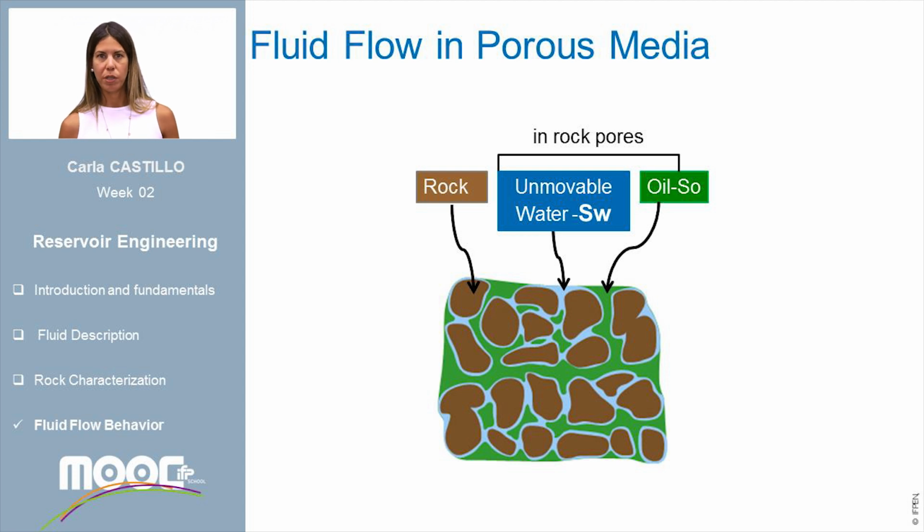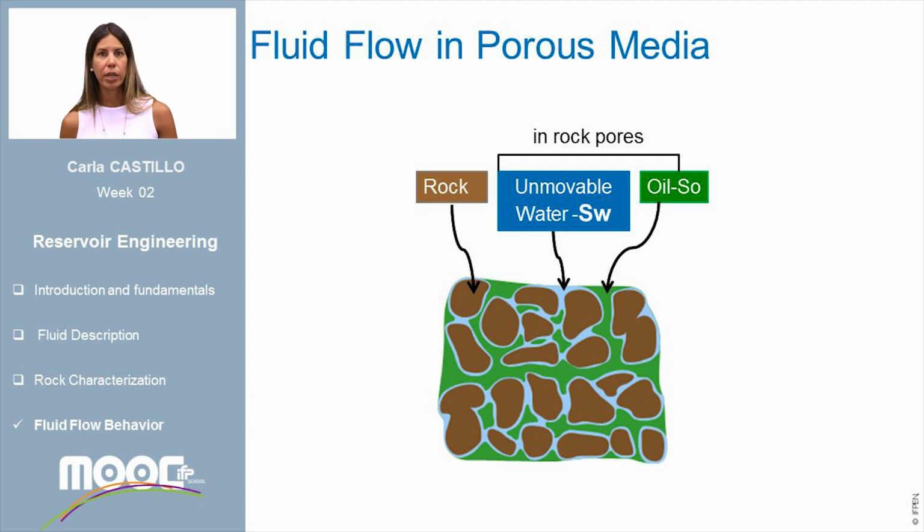Once we have described the fluid and the rock, we can now describe the behavior of the fluid flow in the porous media. This will determine the initial condition of pressure and saturation at any point in the reservoir and the mobility of the fluids in the reservoir, and hence their displacement.